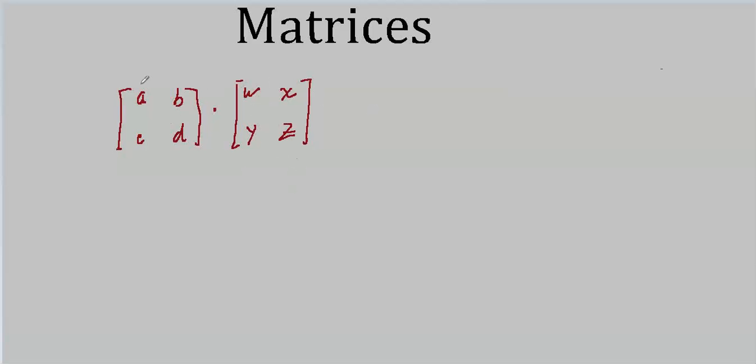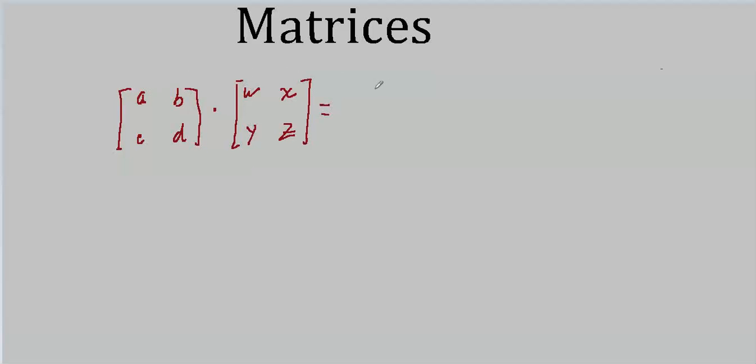What you do is, you multiply each row component-wise by each column. In other words, it's kind of weird, isn't it? You multiply A times W, and then B times Y, and add them together. This is going to look totally strange to you if you haven't seen it before.